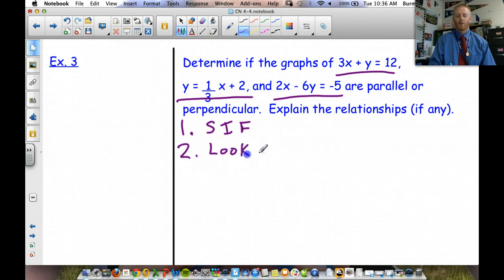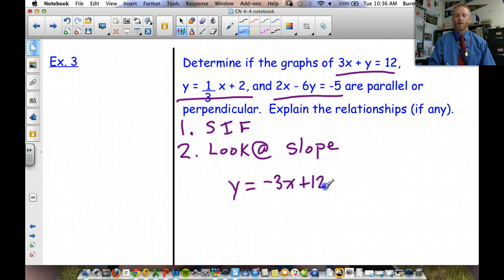Step 2, look at slopes. All right, so this guy, to make it into slope-intercept form, we have to subtract 3 from both sides. So we have y is equal to -3x plus 12. This one's already in slope-intercept form.